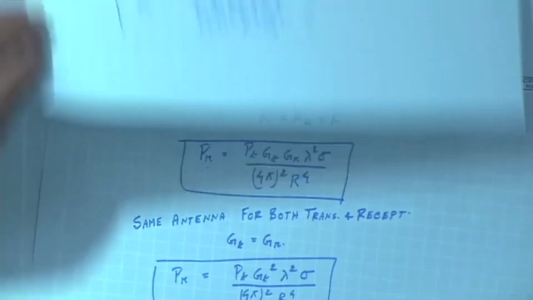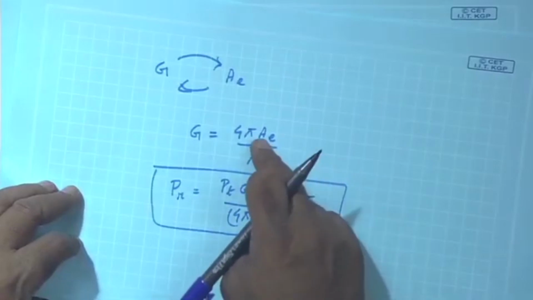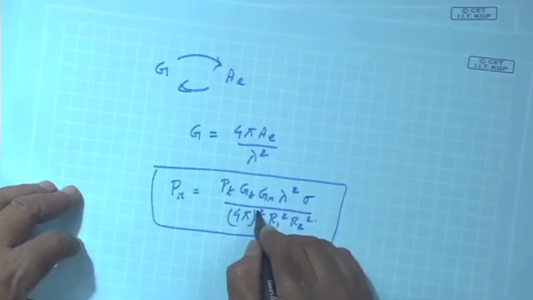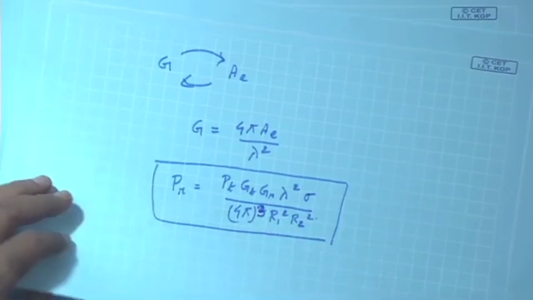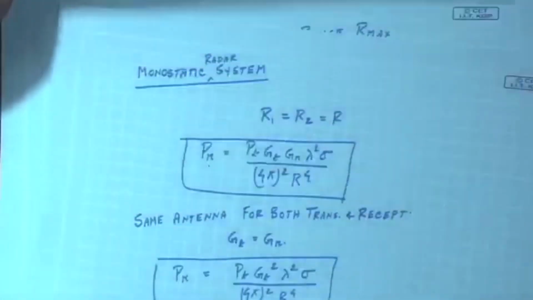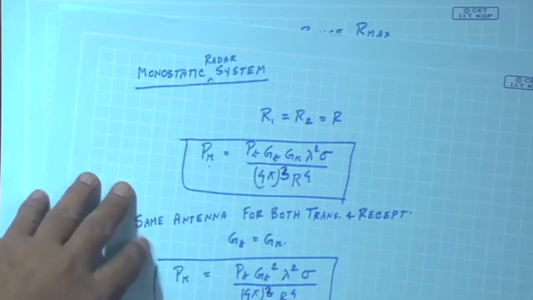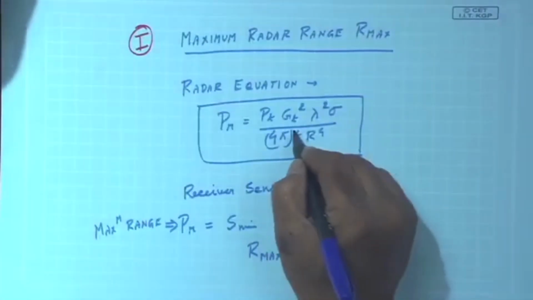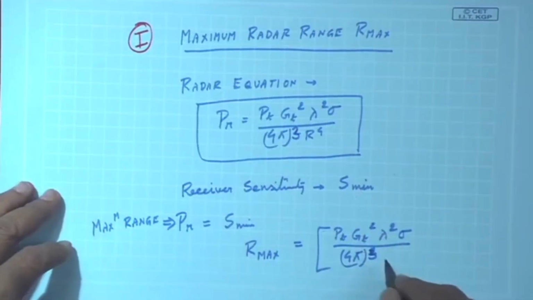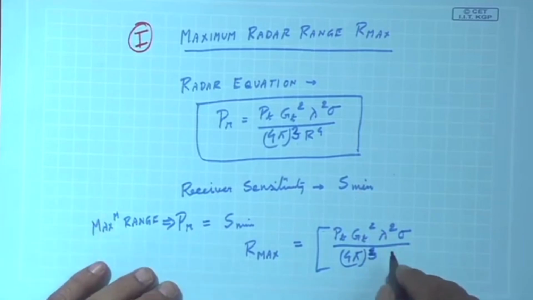when this 4 pi has come, actually, you correct this, it should have been 4 pi cube. So these are all 4 pi cube, and here it is 4 pi cube S min.